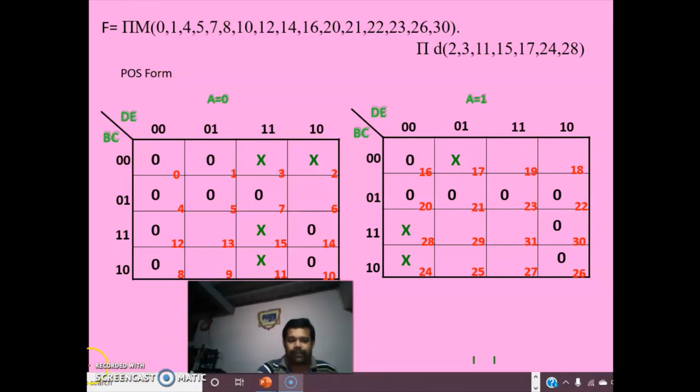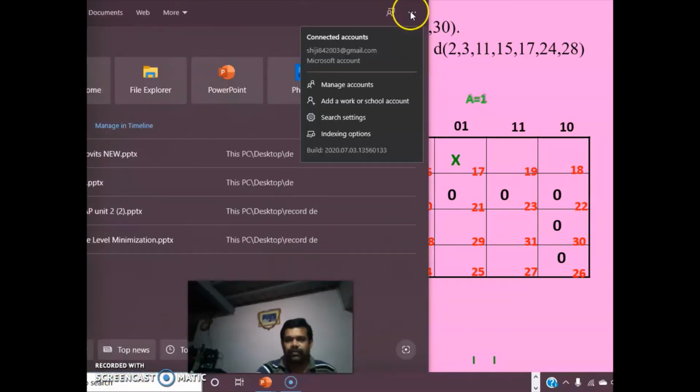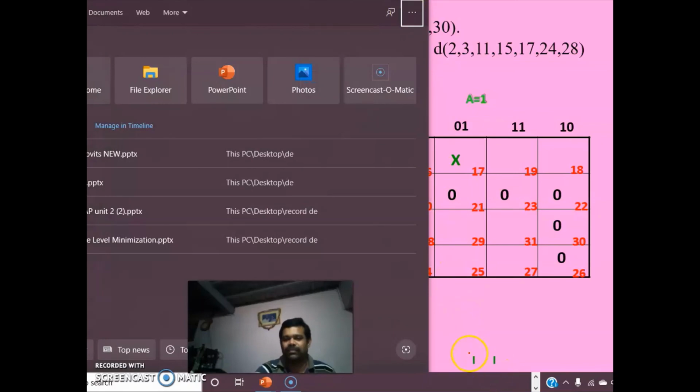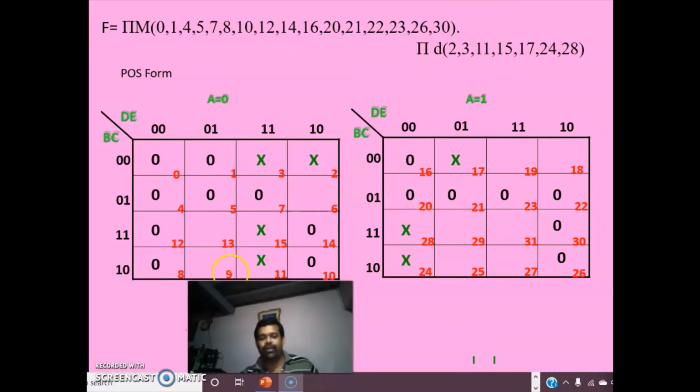So this is the first group, and next this is the expression.